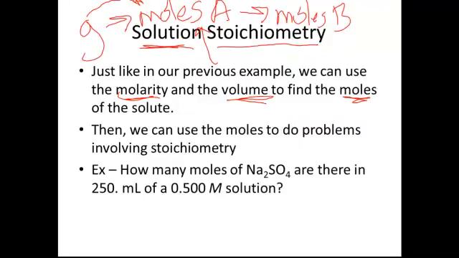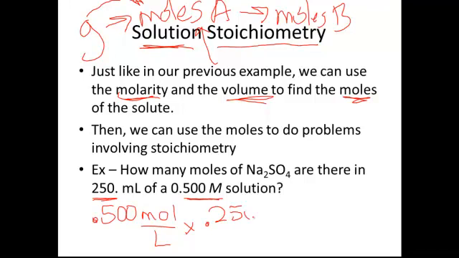So, let's take a look here. If it's a 0.5 molar solution, it's 0.500, and again, you can leave it as a big M. A lot of times I write it as moles per liter. It means the same thing. And I'm going to multiply by the volume of the solution, 0.250. Notice I converted my milliliters to liters.